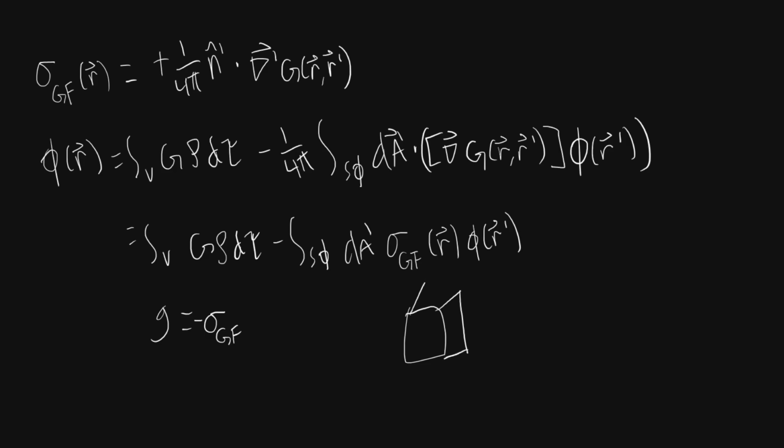If you had some potential here, V of x, y, and then you just had 0 on every other surface, then you could use the surface Green's function to solve for the potential inside of this cube. And so that's really going to be it on the surface Green's function. Once we do some examples later, I think it'll make more sense, because I do think it's quite confusing at the moment.